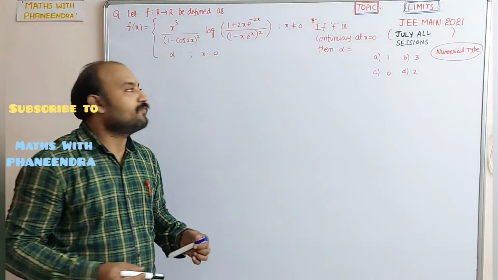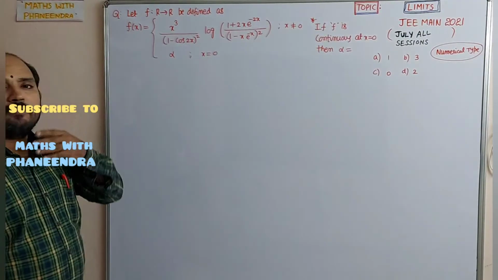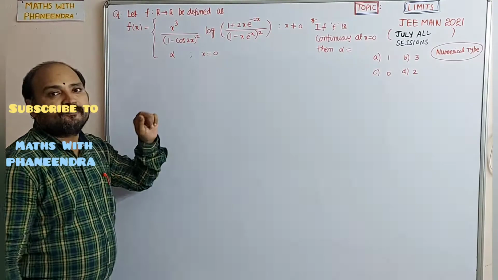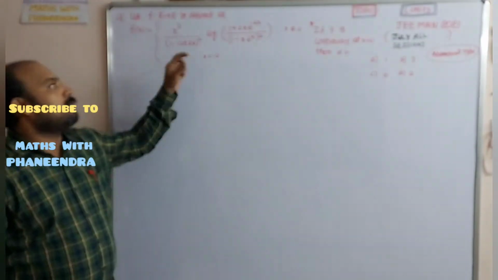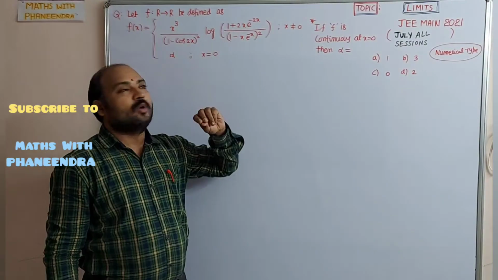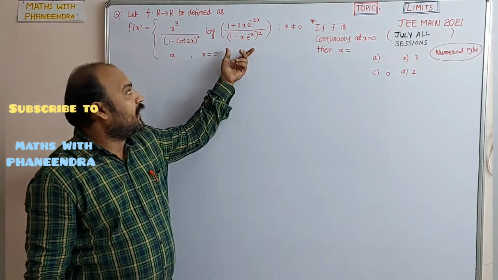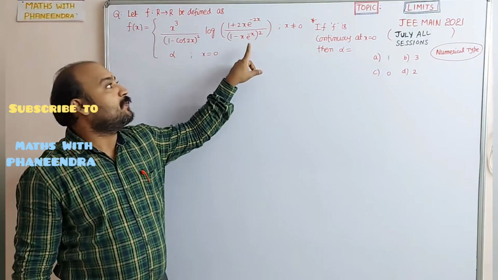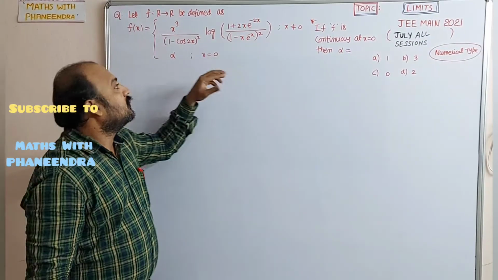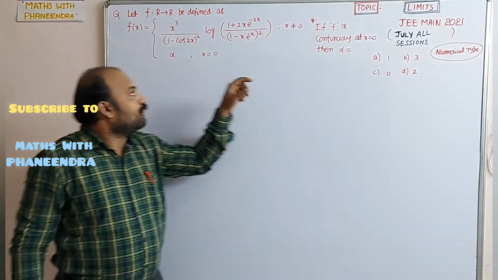Next question. Let f from R to R be defined as f of x equal to x cube divided by 1 minus cos 2x whole square into log of 1 plus 2x, e power minus 2x by 1 minus x e power minus x whole square, only square for the denominator, when x is not equal to 0.